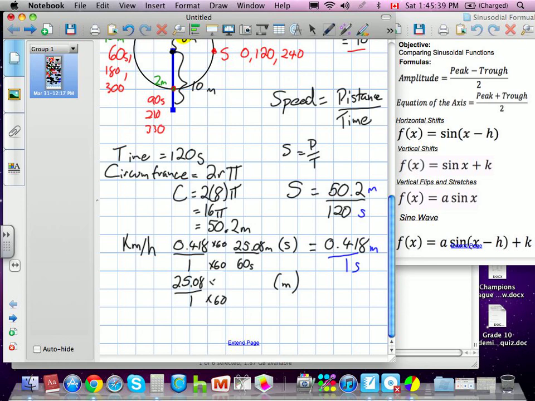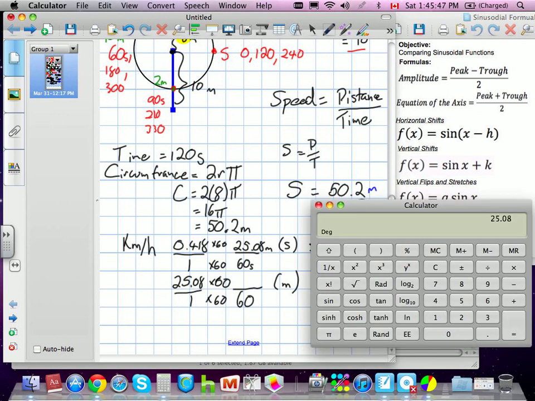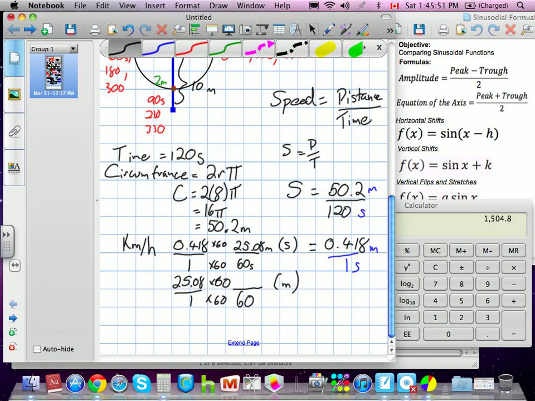To turn it into hours, what do I have to multiply by? 60. 60 again. So we multiply by 60 again. 60 on the bottom. 1,504.8 meters every what?